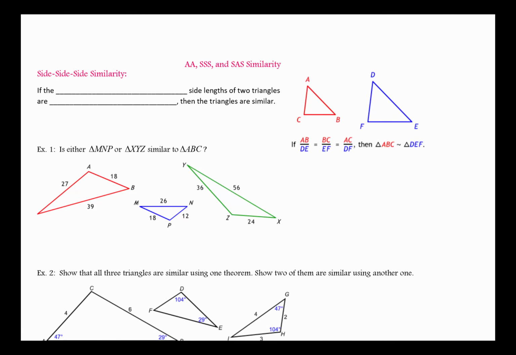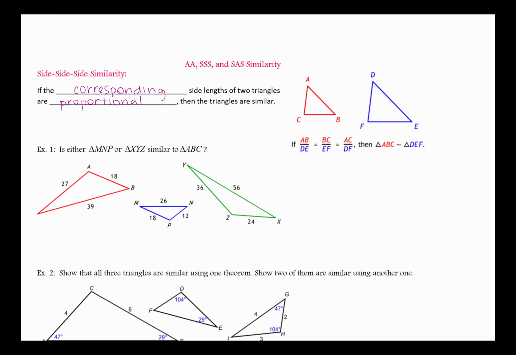Okay, so side-side-side similarity. If the corresponding side lengths of the two triangles are proportional, then the two triangles are similar.